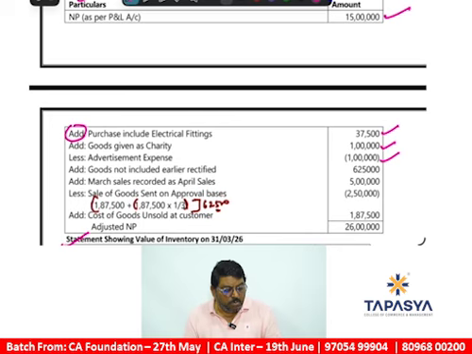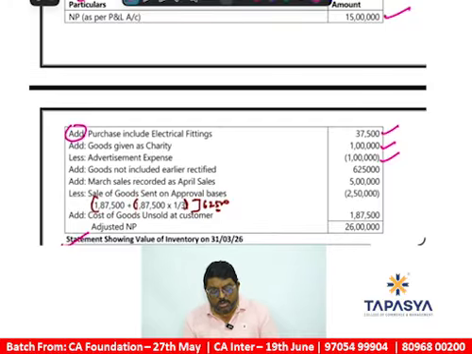Next, third one. Invoices for goods amounting to 6,25,000 had been entered on 27th March 2026, but the goods were not included in the stock. So we received 6,25,000 of goods earlier. The purchase invoice was recorded in the books, but the goods were not included in the stock.